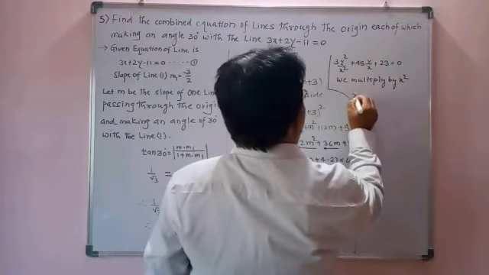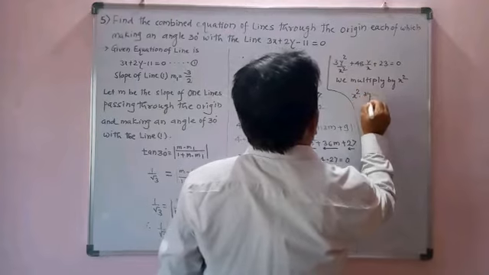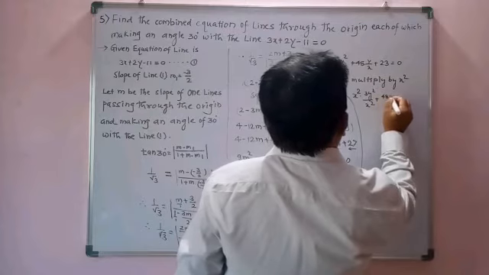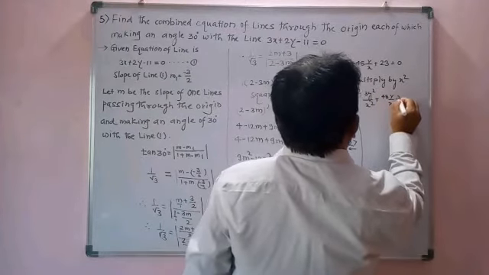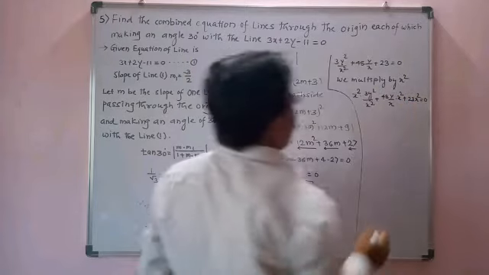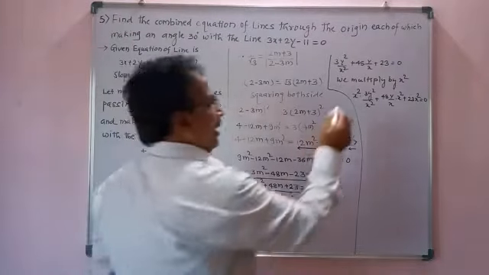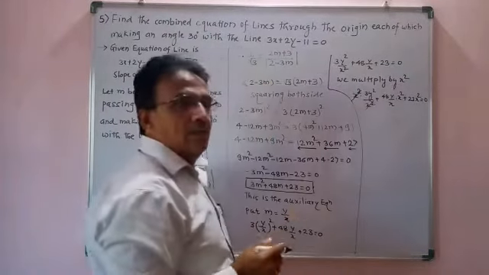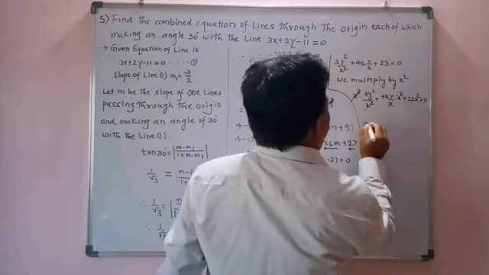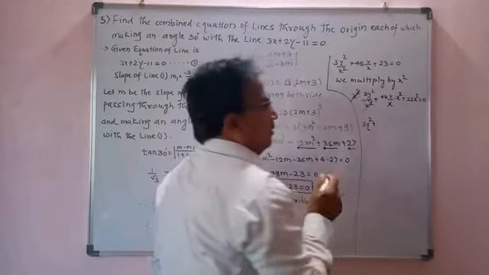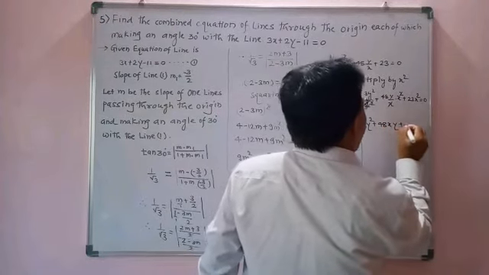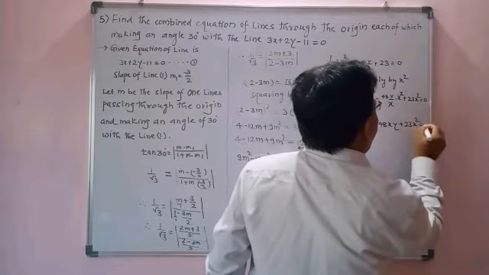Therefore, x square into 3y square divided by x square, plus 48 y by x into x square, plus 23 x square equal to 0 on the right side. This x square and this x square cancel, and this x cancels. 3y square plus 48xy plus 23x square equal to 0.